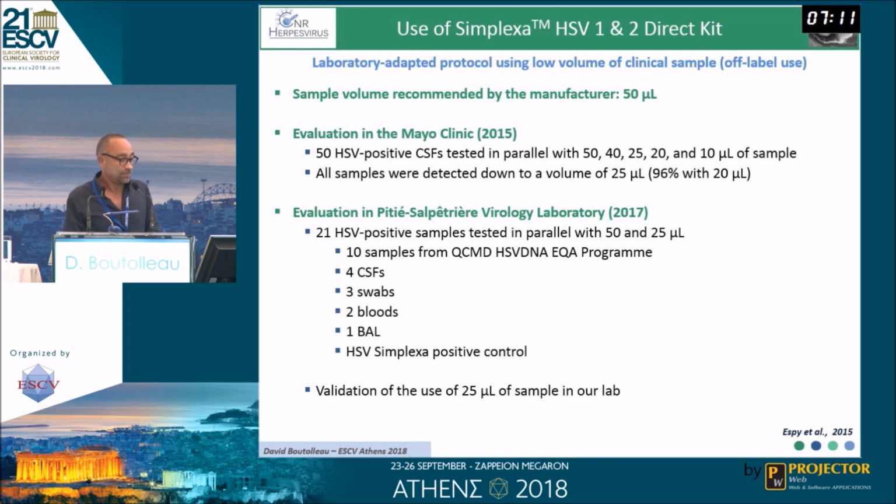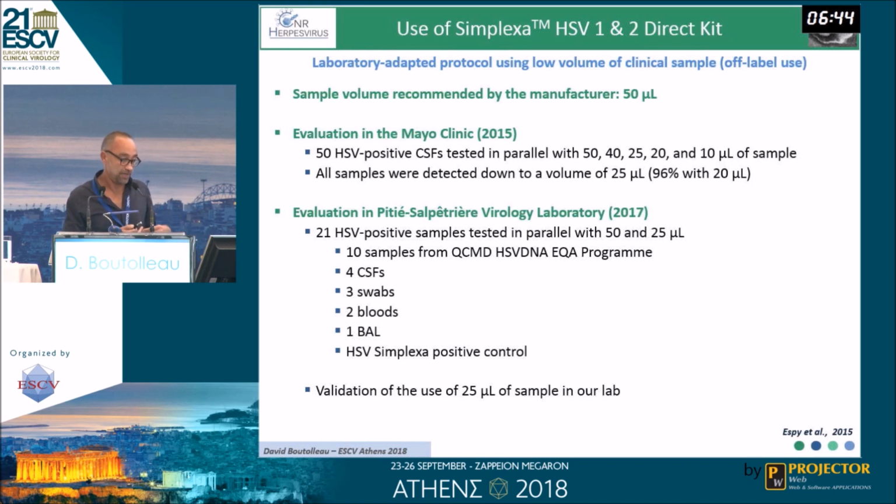So in 2015, there was an evaluation at the Mayo Clinic by testing 50 HSV-positive CSF in parallel with different volumes, as you can see here, and they could demonstrate that all samples were detected down to a volume of 25 microliters. So last year, we decided to perform a similar evaluation.